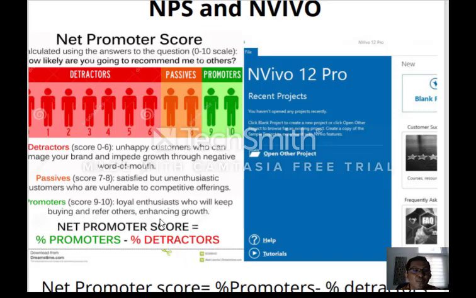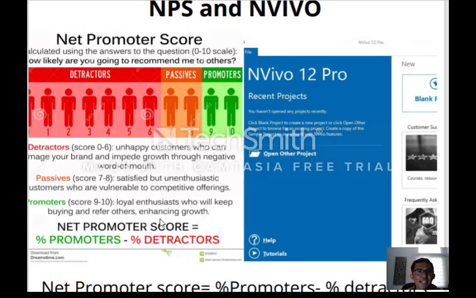And the last one is promoters, with a score of 9 to 10, who are described as loyal enthusiasts who will keep buying and refer others, enhancing growth. The NPS is generated from the percentage of promoters minus the percentage of detractors.